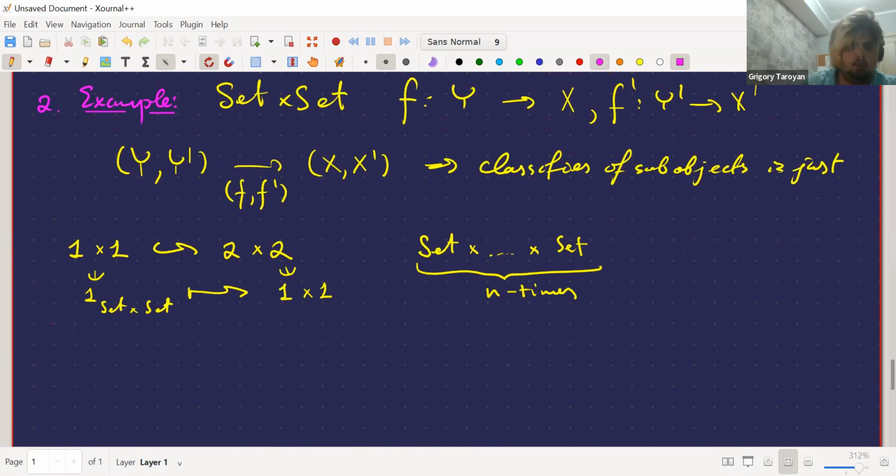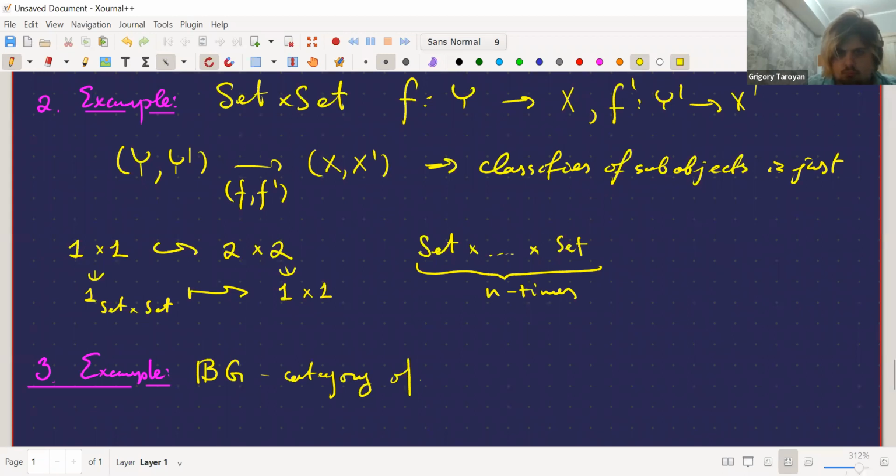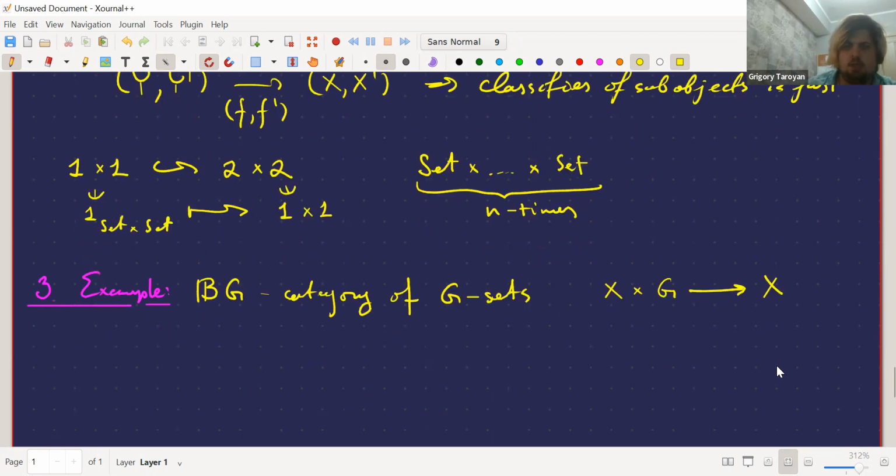Okay, so another example is provided by the category of G-sets. So G-sets are just actions of G from the right, for example, on X. So a subobject is just a G invariant subset.